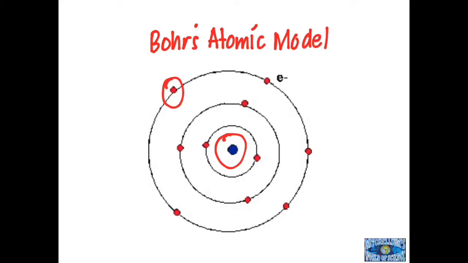But Niels Bohr's model shows that these electrons are moving in certain allowed orbits. So contrary to Ernest Rutherford's model, where the electrons are just moving around the nucleus, for Bohr's atomic model, he proposed that there is a fixed orbit where they move.